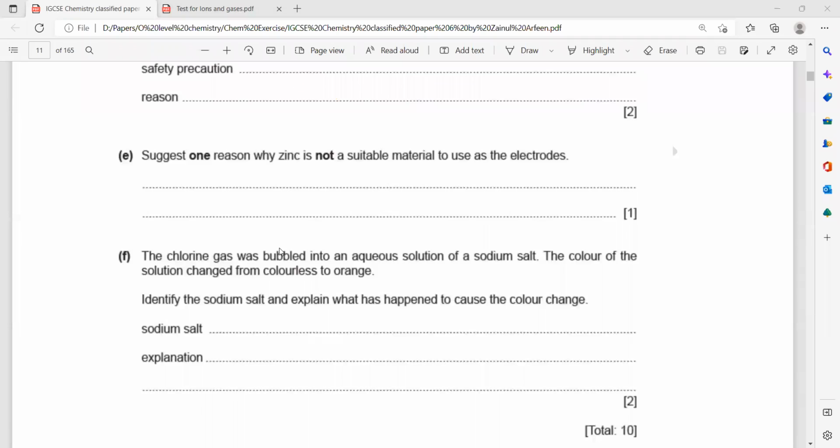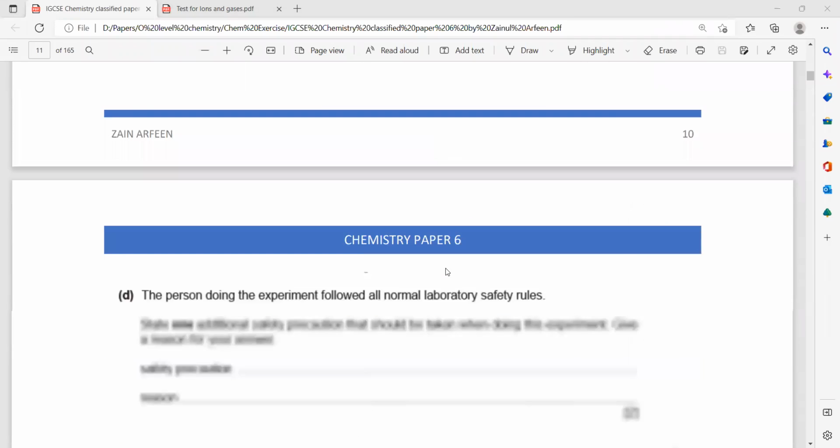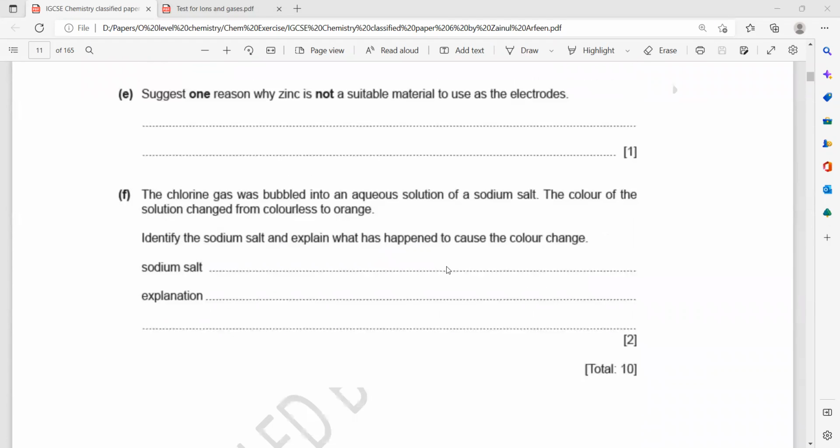Suggest one reason why zinc is not suitable material to use as electrode. Like why do we use inert electrodes, why not zinc? What might be a reason for that? So zinc is not inert, that's good. It is an active electrode or it reacts. You can mention any as an answer.